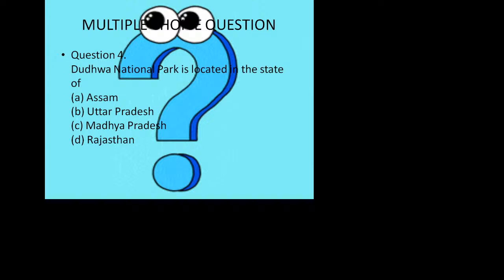Now let's come to the next question. The soil containing calcareous deposits is locally known as Bhangar, Khadar, Bhabhar or Kankar.